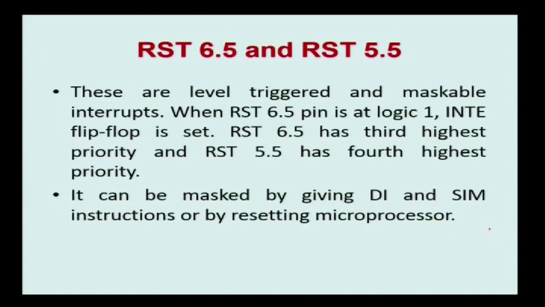Trap is the highest, then RST 7.5, next is RST 6.5, then RST 5.5. So, these are the maskable and level triggered interrupts. These two interrupts can be disabled or masked by using the DI instruction and SIM instruction. SIM instructions will be discussed in the next episode.